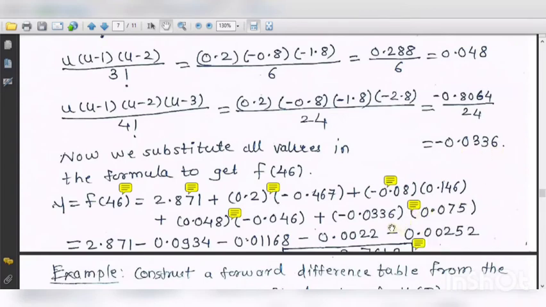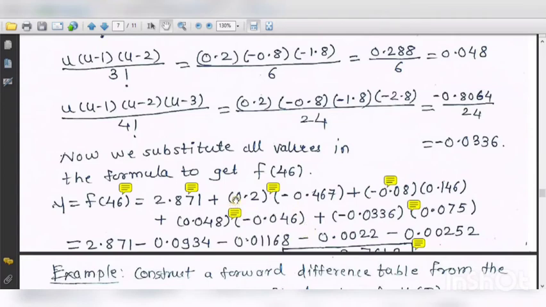Now what you have to do is calculate it properly and carefully, taking care of the sign, and get the answer. So here it is 2.871, and the product is now a plus value and a minus value, so the final value is minus. Here one thing you should observe is that I have put every value in brackets. It is very essential to keep the meaning of the signs properly and get the answer correctly.